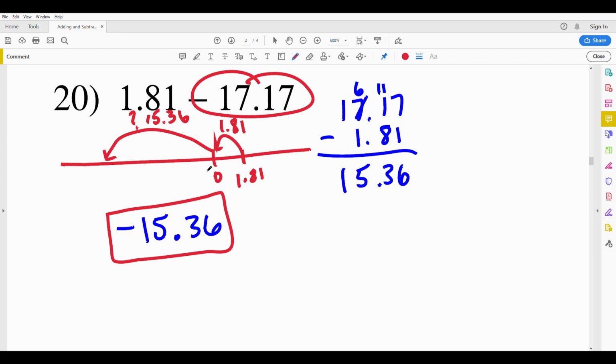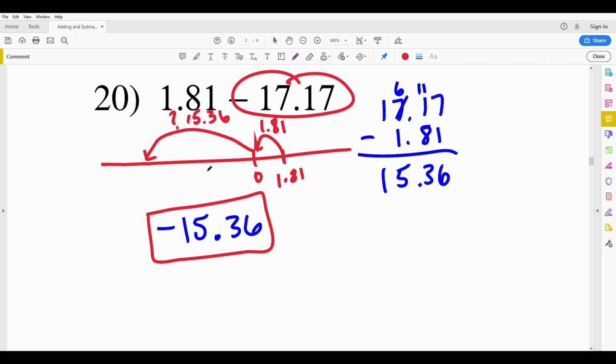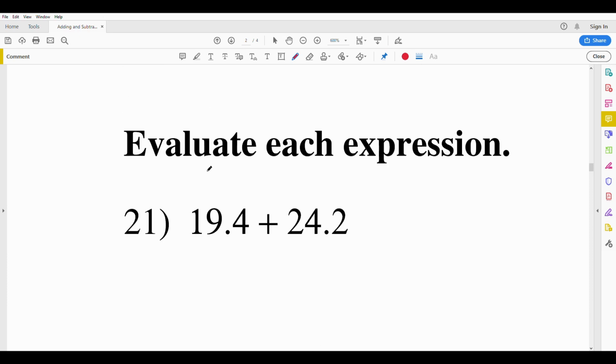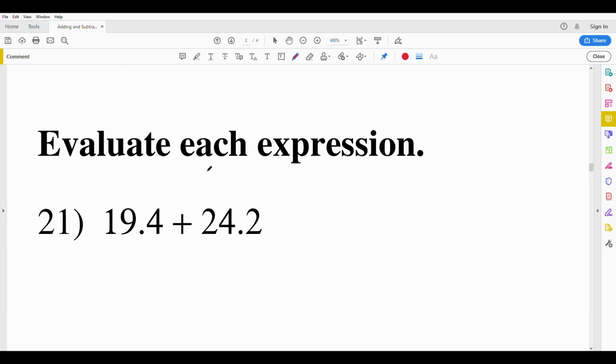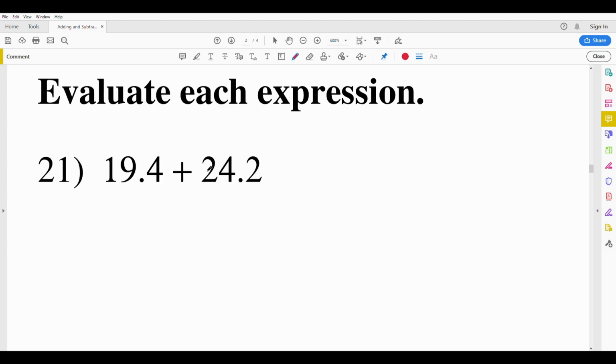Let's move on to our last 10 problems, where we're simply going to evaluate each expression. So we're going to have addition and subtraction. But remember, we can always add a negative or subtract a positive, subtract a negative, or add a positive. So let's go ahead and jump into number 21.